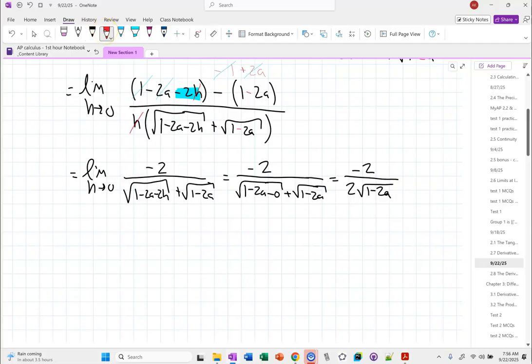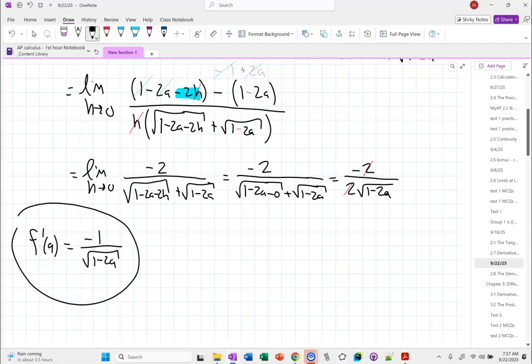And then, so there's my f prime, or the derivative of f of x at a, or the instantaneous rate of change of f at a, or the slope of the tangent line to f of x at a.